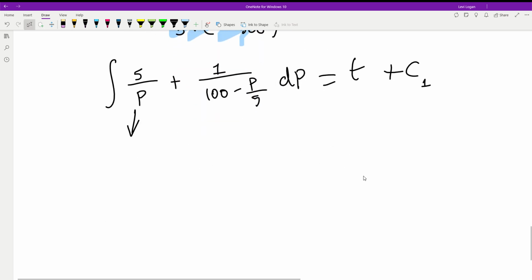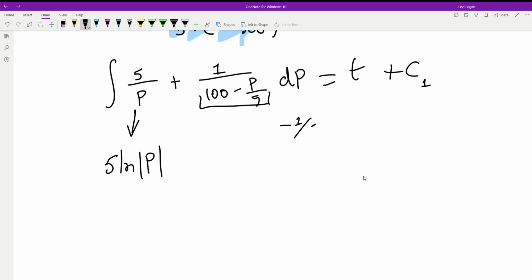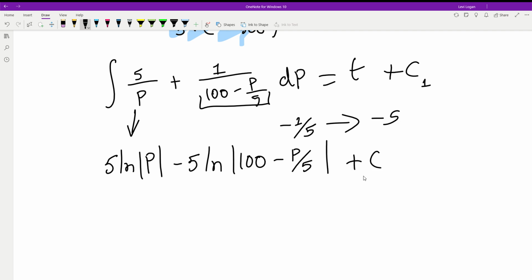So this will turn into 5 natural log of P. Here, we need to divide by the differential of this guy here. Now the differential of that would be negative 1/5. Now if we're dividing by that, we're going to have pretty much, instead of negative fifth, negative 5. So here we'll have negative 5 ln 100 minus P over 5 plus C2 equals T plus C1.